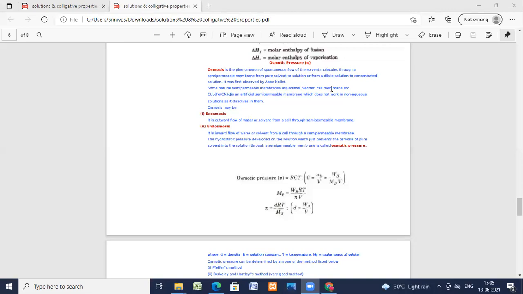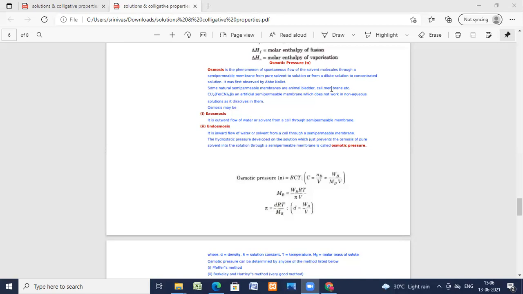So endosmosis is inward flow of water into the cell, and exosmosis is outward flow of water from the cell.